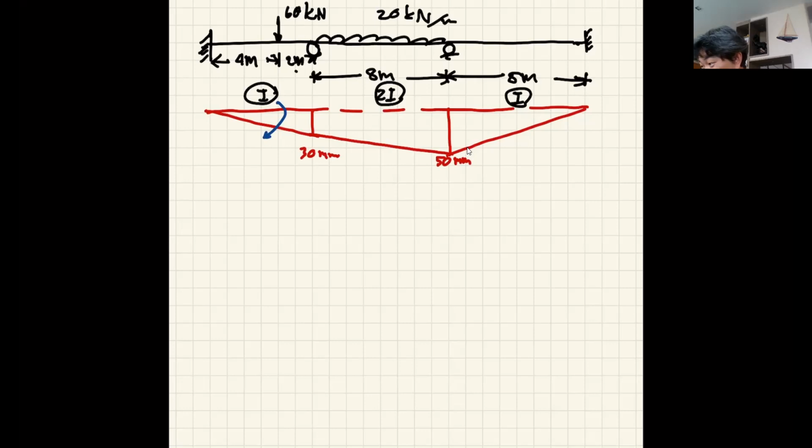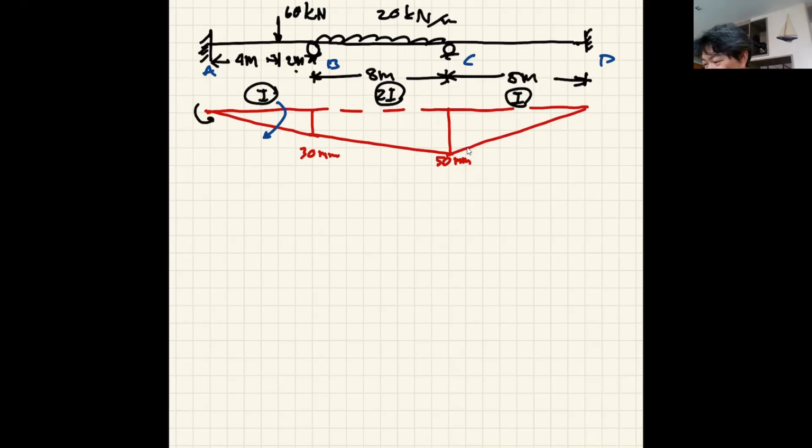I don't have a name for it yet, so let's call this one A, B, C, and D, okay? So AB rotates clockwise, and we always calculate the resisting moment. You should know by now that the fixed end moment is the resisting moment, or the internal moment, and the direction is always opposite of the load. So if the member AB wants to come down clockwise, your fixed end moment would be counterclockwise.